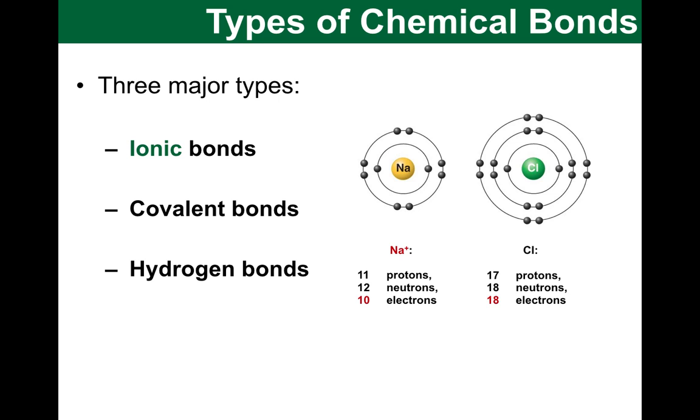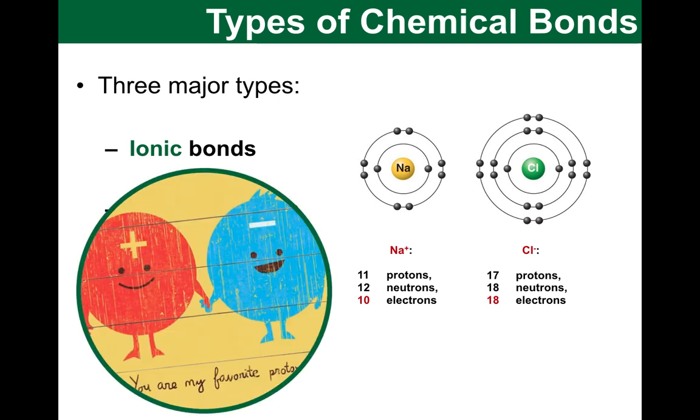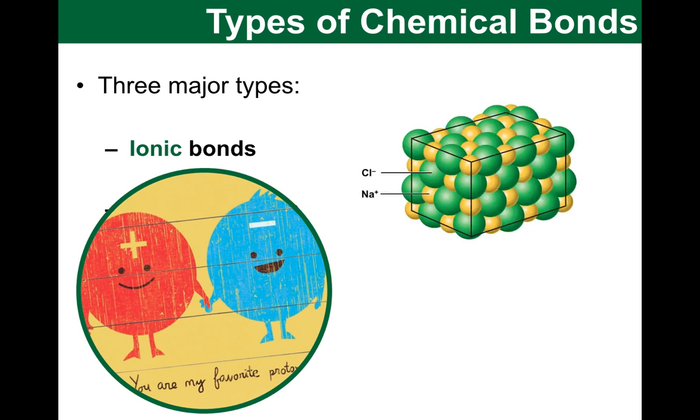It will have more electrons than protons, making it overall slightly negatively charged. Well, it just happens that opposites attract each other. And as a result, positively charged sodium and negatively charged chloride join together, forming sodium chloride. This is, of course, what we know as stable salt. In fact, most ionic compounds are salts.